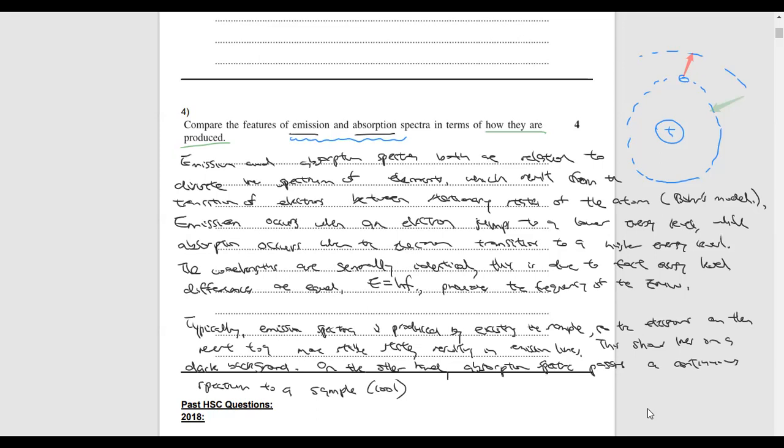So it's cool, which then absorbs certain wavelengths, resulting in black lines on a colored, bright background. So you can see that that gives you the different ideas of the spectra.